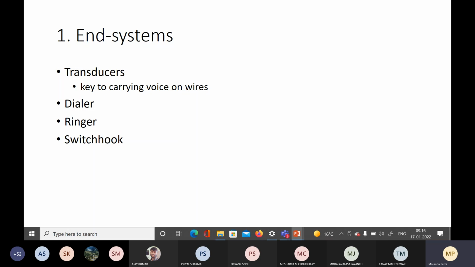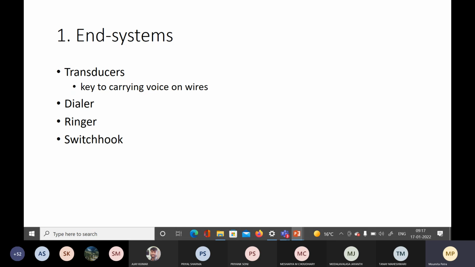The device at your home has transducers, a dialer, a ringer, and a switch hook, which is very common, just to keep the device somewhere, either hung on the wall or placed down. The ringer is needed for alerting the user that there is a call, the dialer allows the user to dial somebody else's number, and the transducer is responsible for carrying the voice on the wires.